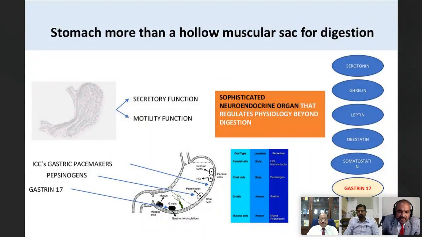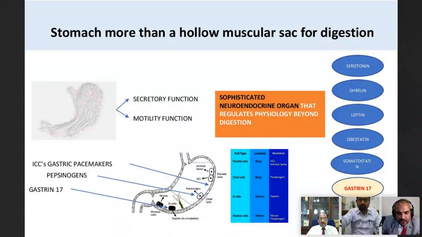And the way it acts is through the enterochromaffin-like cells, which release histamine, and histamine stimulates the parietal cells. Gastrin 17 also directly stimulates the parietal cells to release HCl. Now, HCl cleaves pepsinogen.